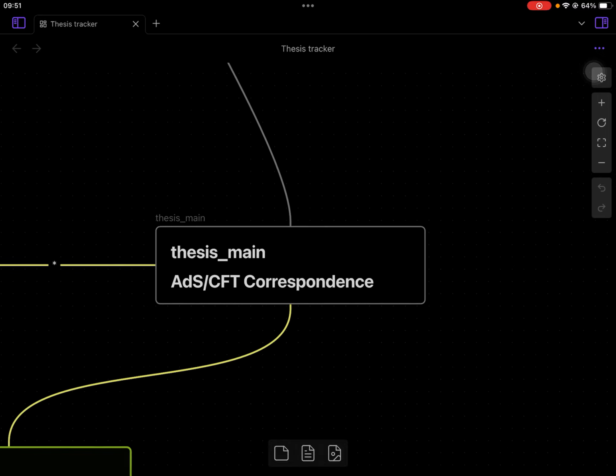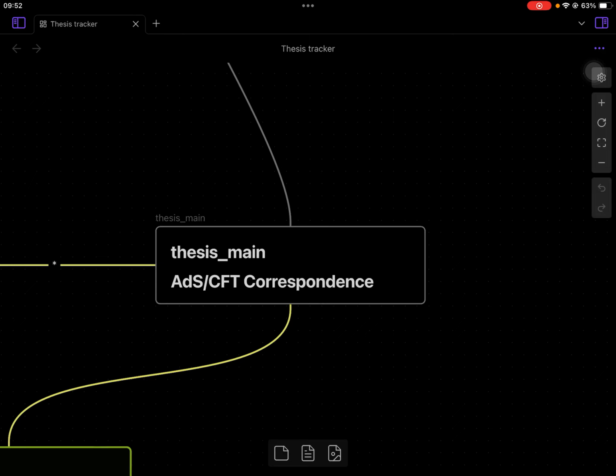At the center you see the main thesis title. I'm working on AdS/CFT correspondence. The AdS/CFT correspondence is about the correspondence between a theory of gravity on AdS space-time, anti-de Sitter space-time, whose boundary, when you look at the isometries of the AdS space-time and look at those same isometries on the boundary, acts like a conformal group.